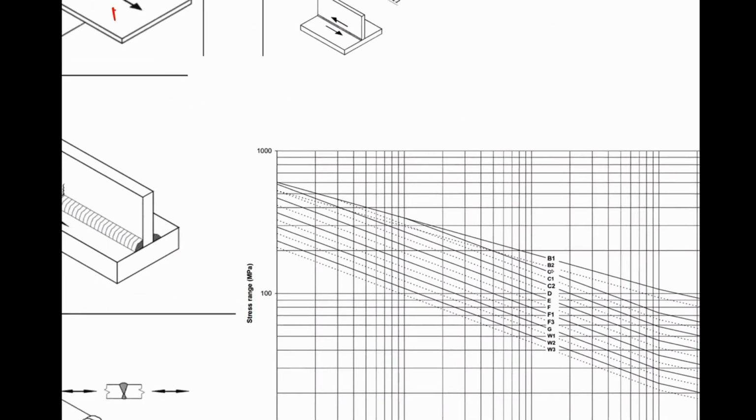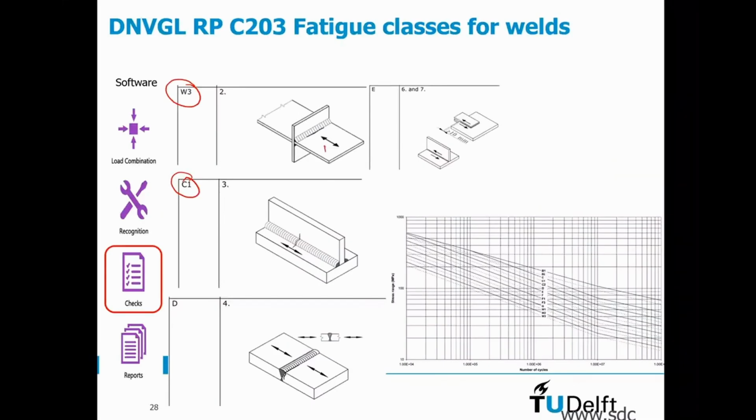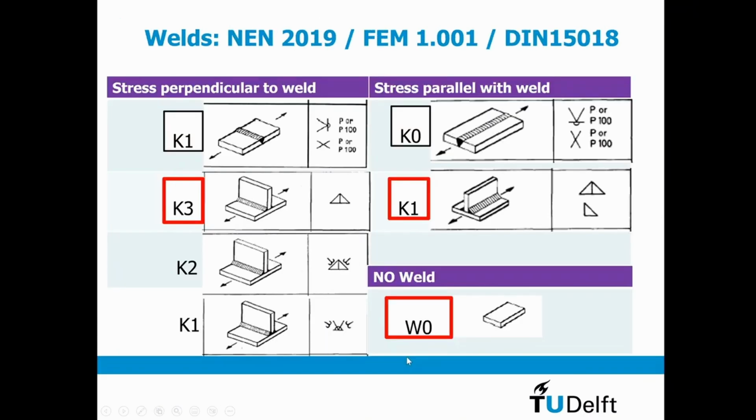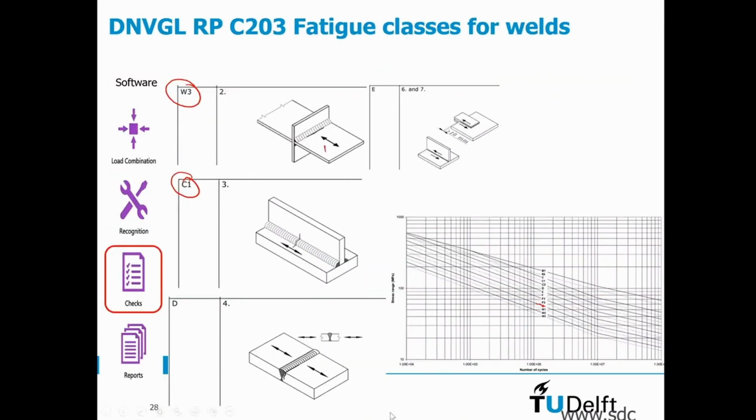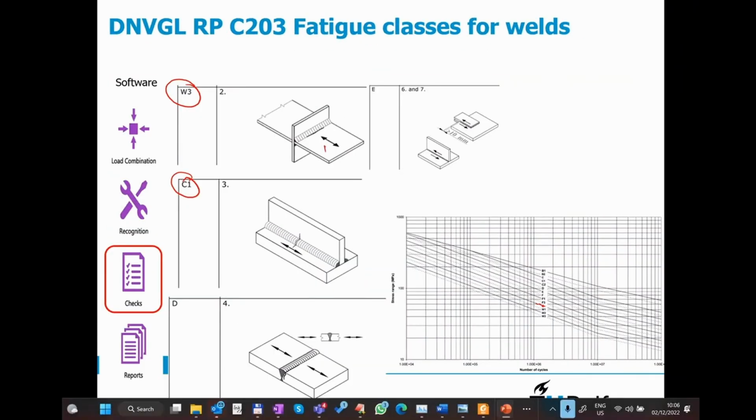So C1 compared to W3, which is one of these lower ones. Yeah, so what I want to state is every standard uses these differences in stress direction. They do take that into account, but they use different FAT classes and different curves, but the idea is always the same.